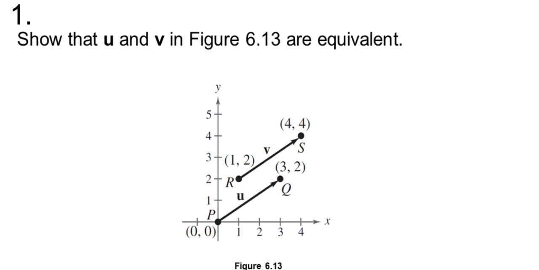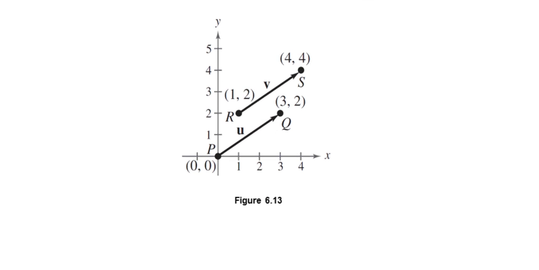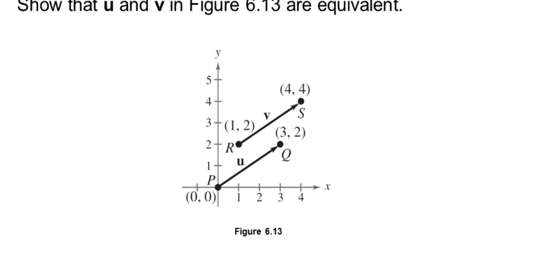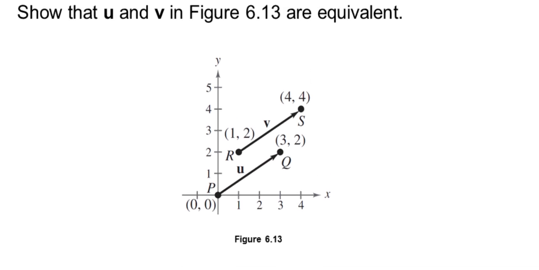And then we'll show that u and v are equivalent on this picture. You might want to graph this, and graphing it will help you get a sense of what's happening here. So I'm going to start by saying, if we're going to show that these are equivalent, this is number one.